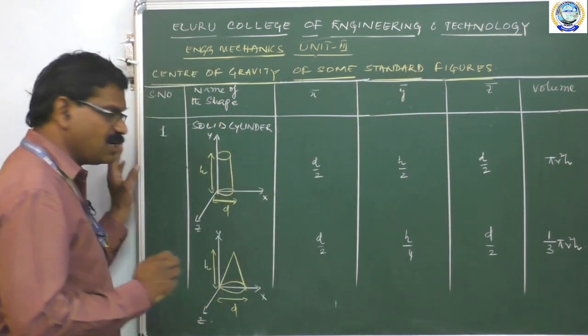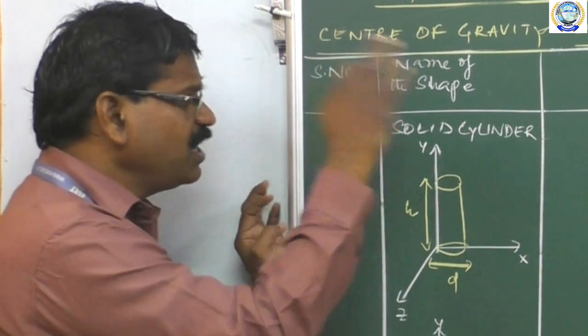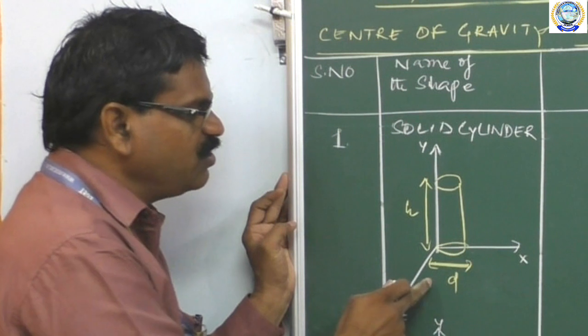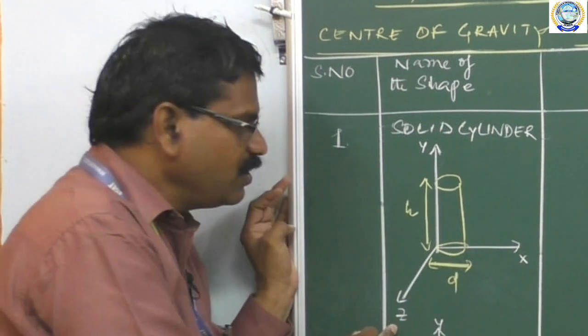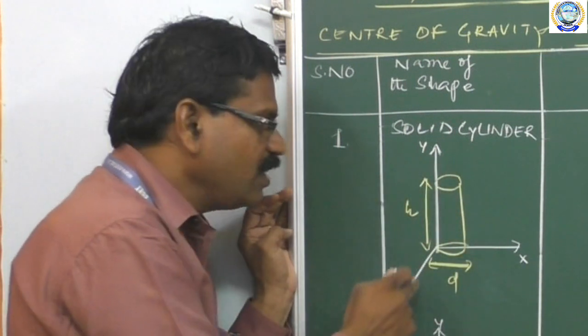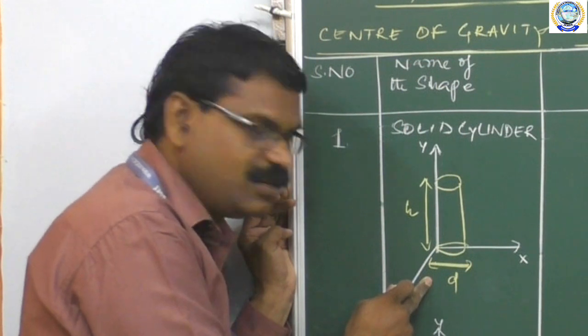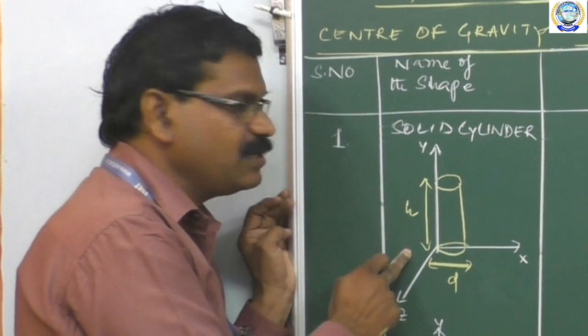If we see the first standard figure, it is called a solid cylinder. Draw the shape of the solid cylinder in three-dimensional axes, that is X-axis, Y-axis and Z-axis. If I draw the solid cylinder like this, this is the diameter extending from here to here, and this is the height extending from here to here.